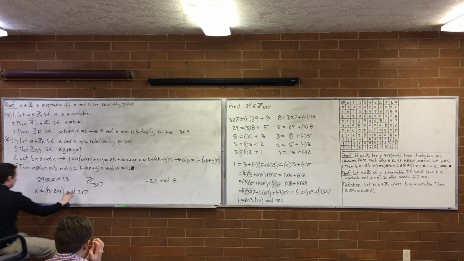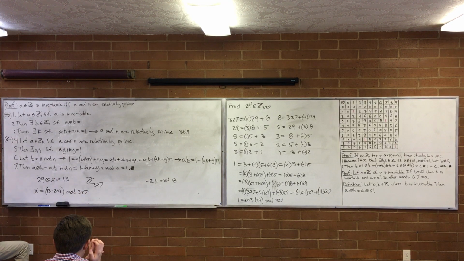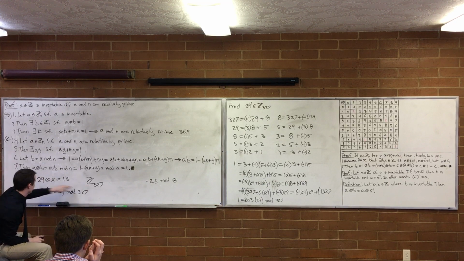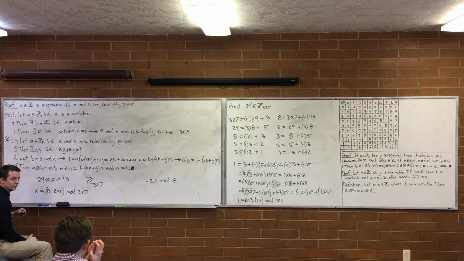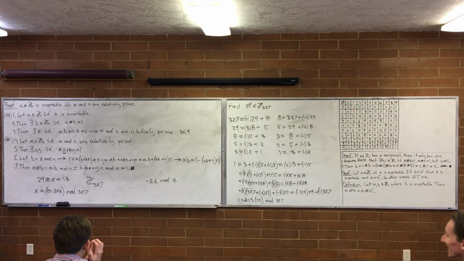That's what x equals. It's the number in this set that satisfies this equation. That's so weird. And it could be some weird number like 221. 221 times 29 is 13. It's so weird.